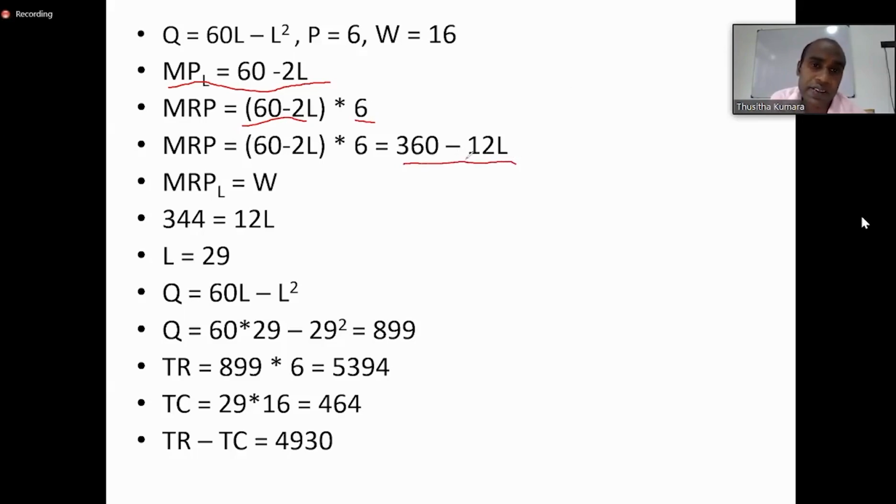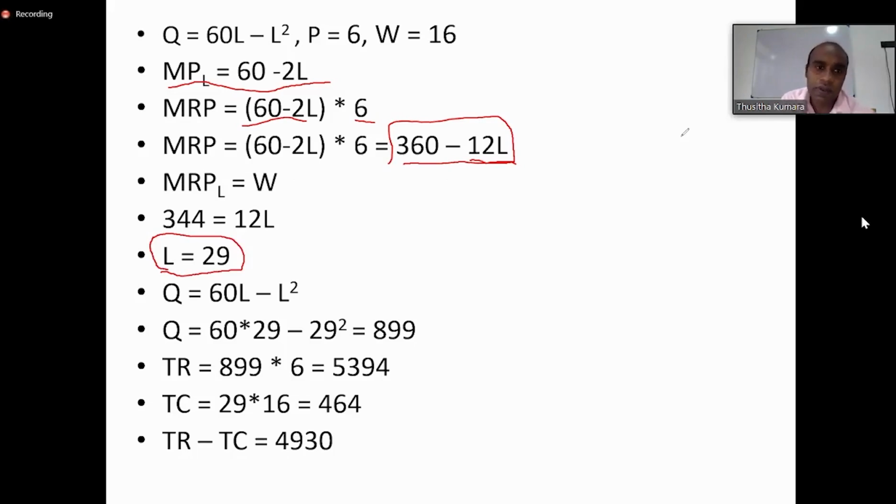So this is the MRP. Now MRPL equals W, therefore we can set this equal to 16 and solve that. If you solve, you will get L equal to 29.